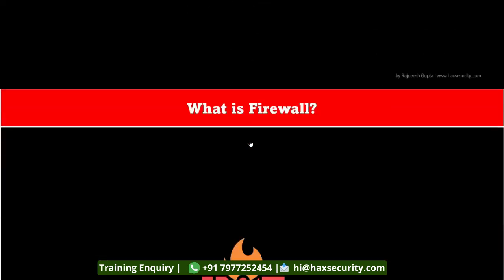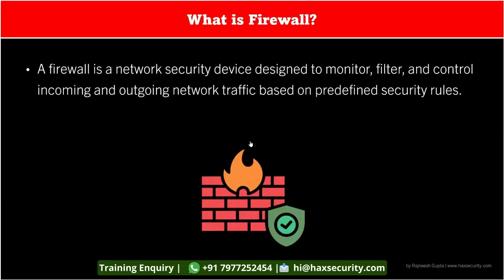So first of all, what is a firewall? A firewall is a network security device designed to monitor, filter, and control the incoming and outgoing network traffic based on predefined security rules. What is a network? A network is an integration of devices creating a communication channel between two devices.